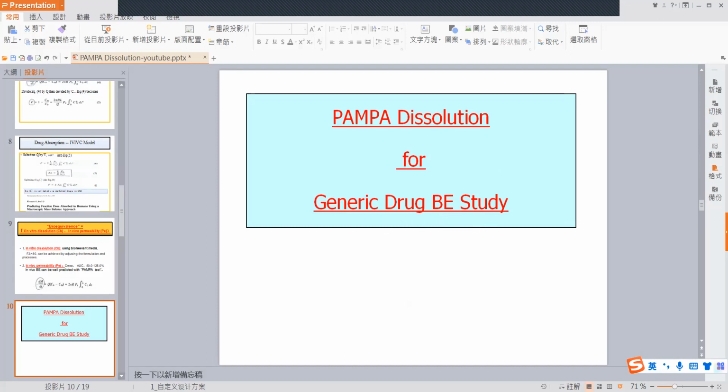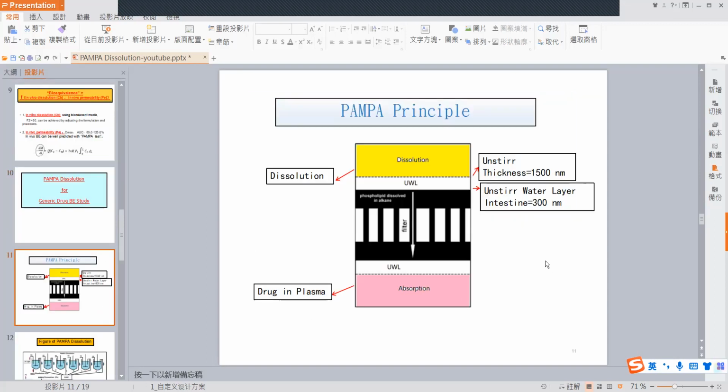Okay, so let's see what's going on with PAMPA. The PAMPA looks like this, as the figure indicates. You have a dissolution media in the yellowish part of the graph, and there's a filter impregnated with a so-called phospholipid solution, used as the PAMPA membrane.